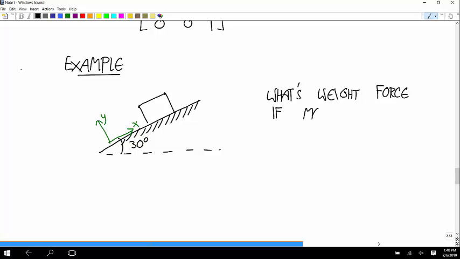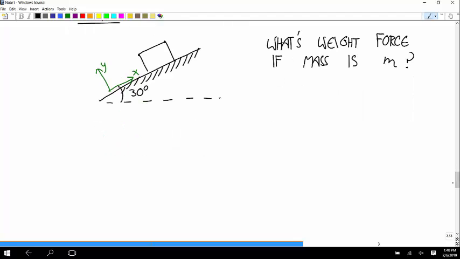If the mass is, well, let's just call it m. What's the weight force in that rotated coordinate system? Well, in this coordinate system, you can immediately tell what the weight force is.